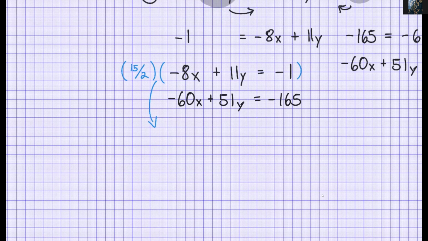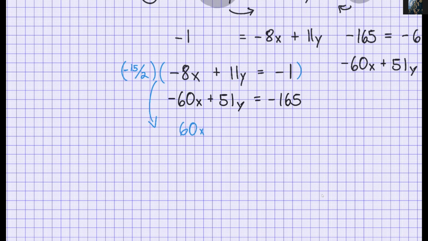Now, one of the things that you have to be careful about are the signs. If I don't change the sign in here, I won't be able to cancel this number. So let me put it right here, negative. So now it is negative, let's put these numbers in the calculator: negative 15 halves times negative 8 will be 60x.